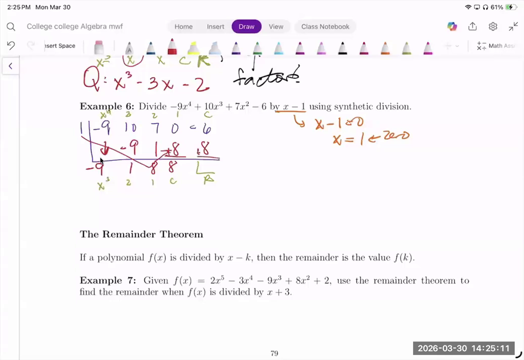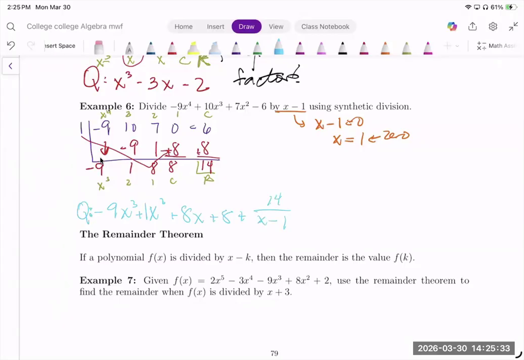Add down, that is 14. Okay, so the full quotient is -9x cubed plus 1x squared, you can put the 1 or not, plus 8x plus 8 plus 14 over x minus 1.